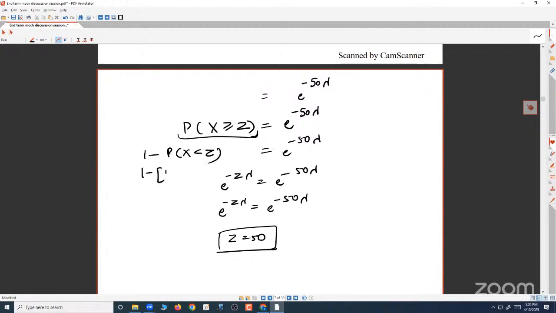Now 1 minus e raised to the power minus z lambda. This 1 will get cancelled, so I will be left with e raised to the power minus z lambda. Now you got it? Yes, madam.